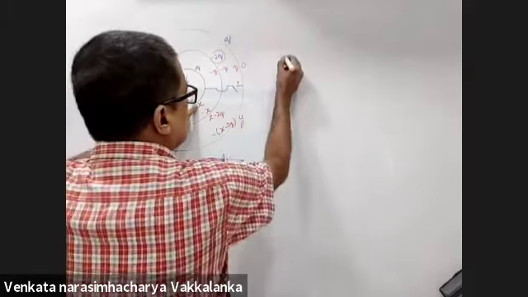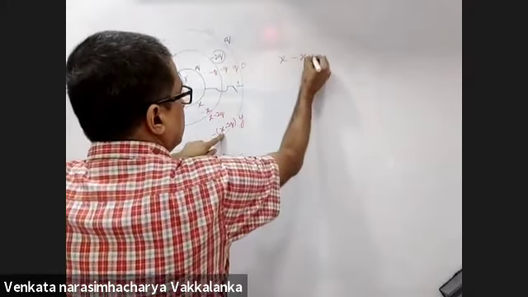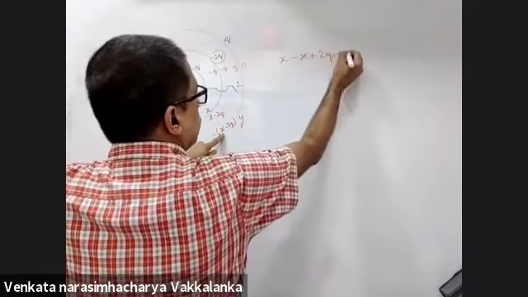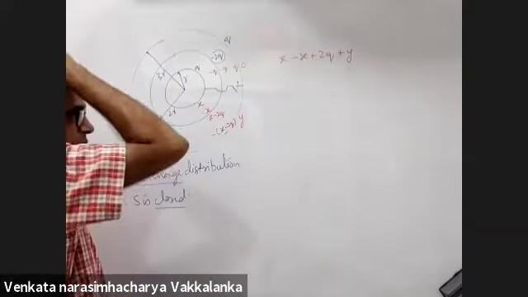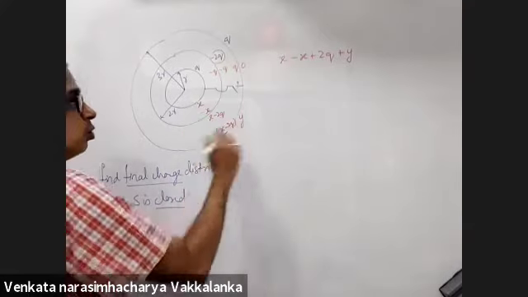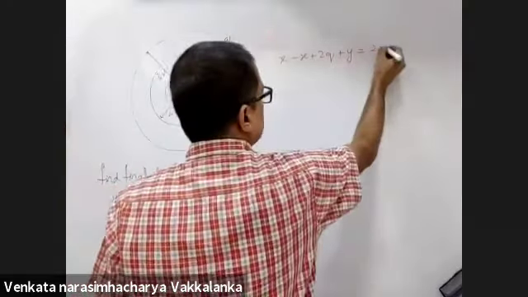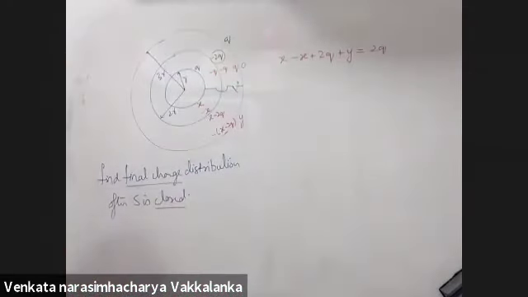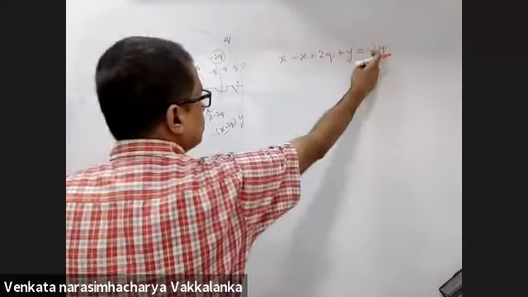Have a look at the first equation: X minus X plus 2Q plus Y, the total charge on the inner and the outermost sphere. X minus X plus 2Q plus Y should be equal to how much? Y equal to 0. It should be equal to Q plus Q is 2Q.